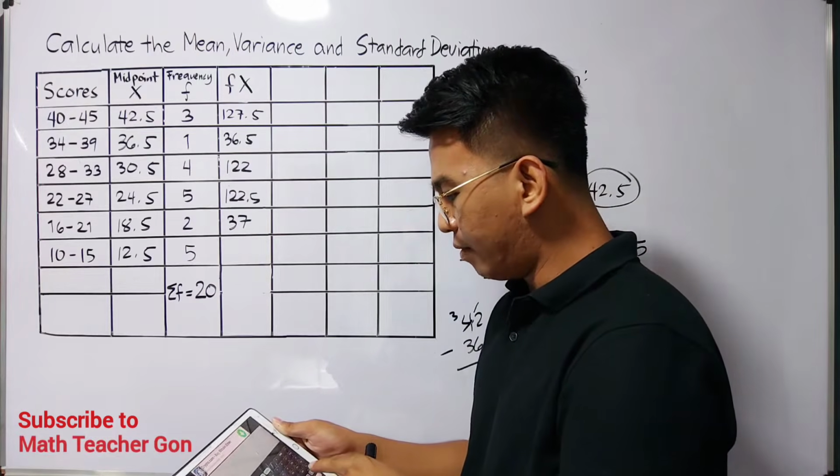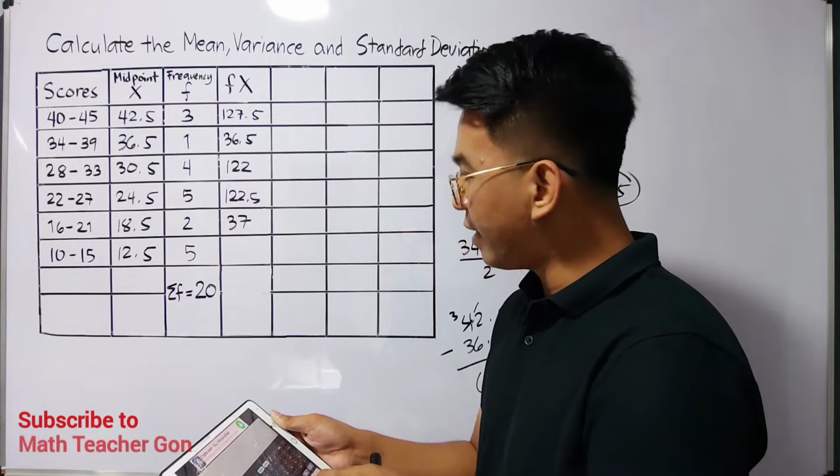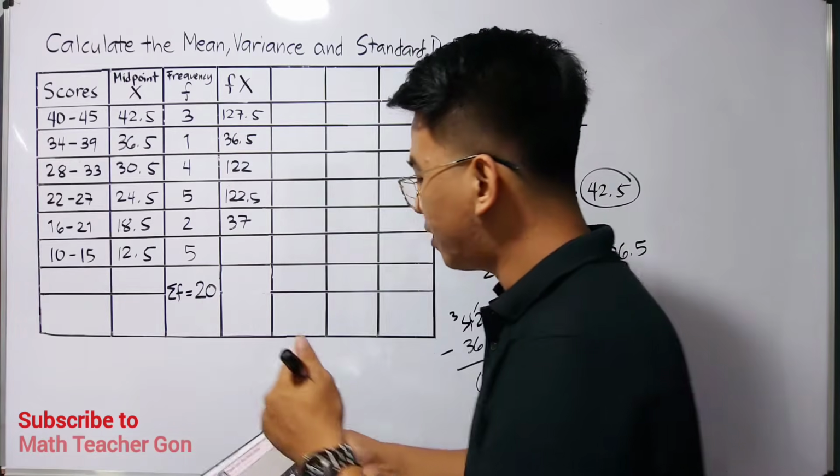Next, we have 12.5 times 5, that is 62.5.